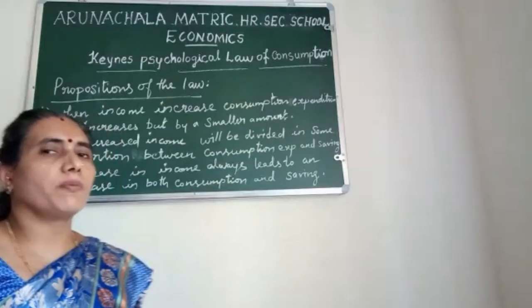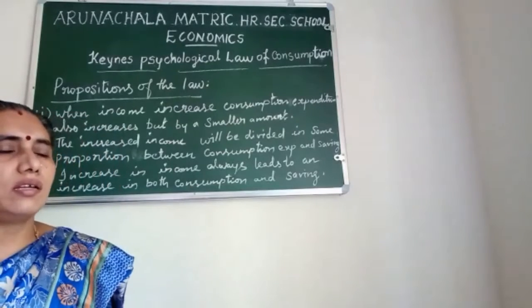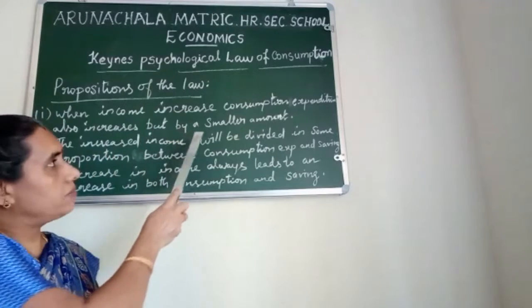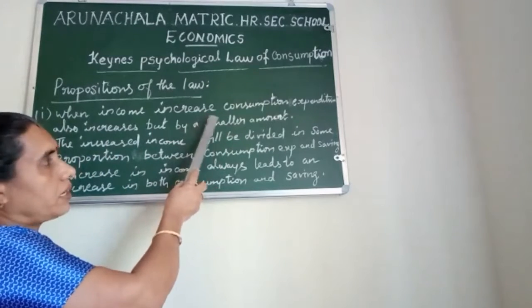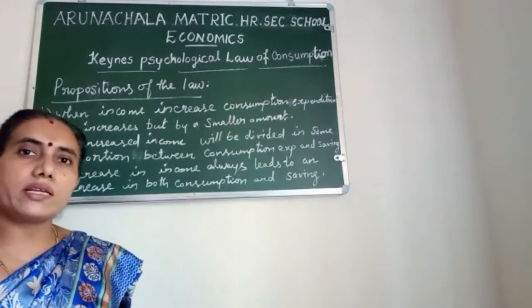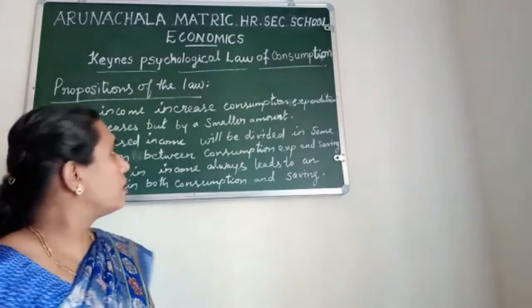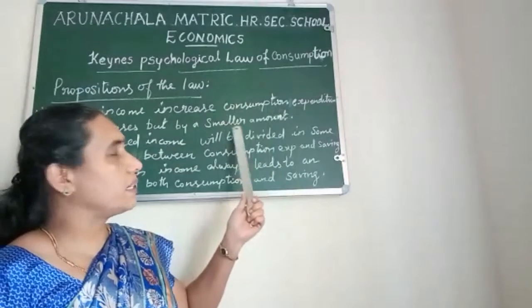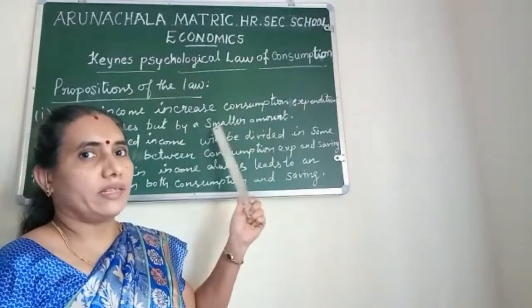There are three propositions for this law, and the three propositions are: when income increases, consumption expenditure also increases, but by a smaller amount than the income.